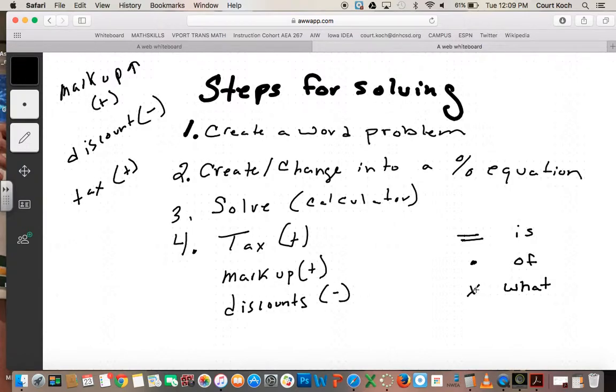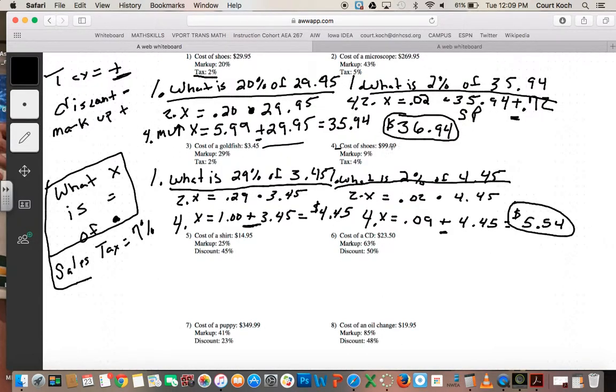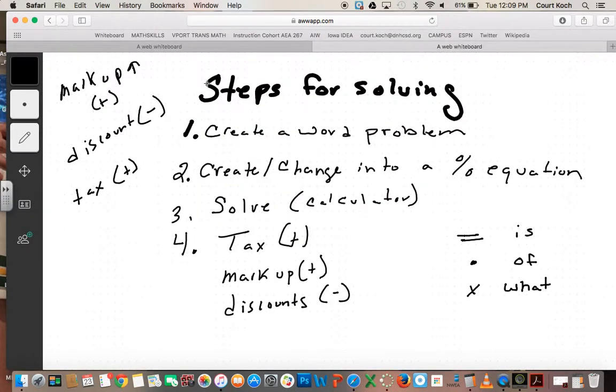You're going to have a worksheet with these types of problems on it. You need to show this work. This is how you communicate. You need to follow these steps, remember these keys, and you'll be just fine.